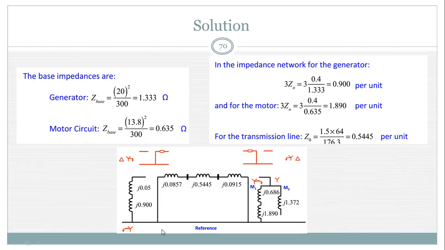This is the open circuit, then this is the reactance of transformer T1, this is the reactance of the high voltage transmission line, and this is the reactance of transformer T2. Again this is an open circuit, and the two motors are connected in parallel. M1 has the neutral impedance 3Zn with the zero sequence impedance of the motor, and M2 has only a zero sequence impedance, not connected through the ground.